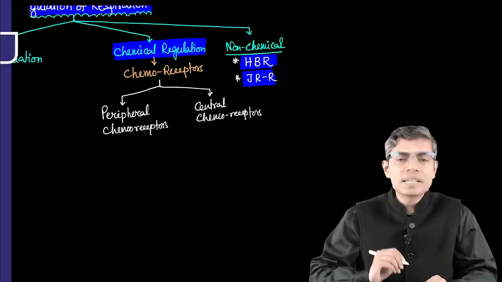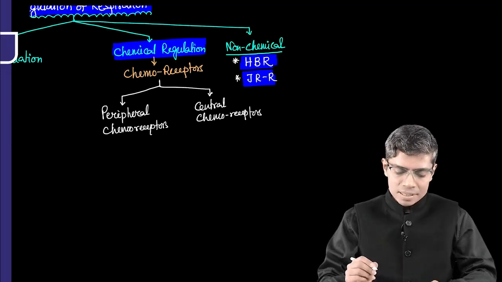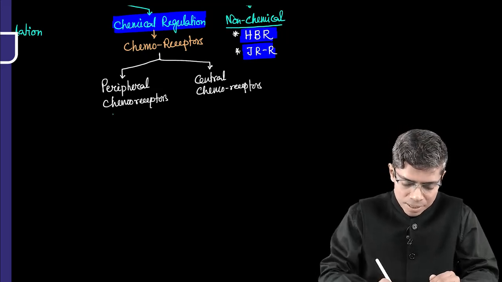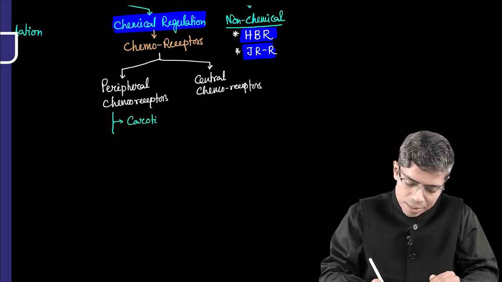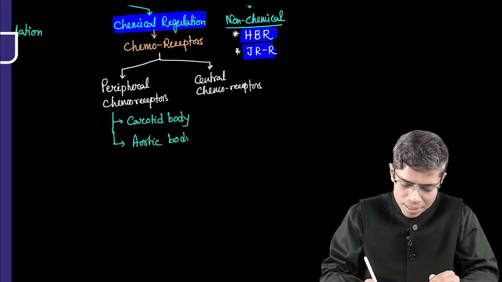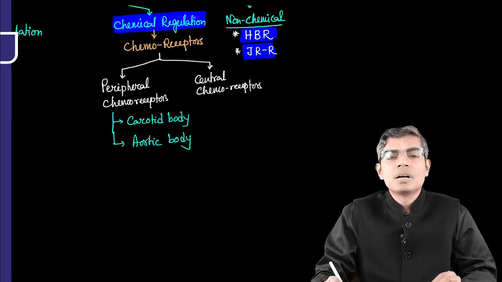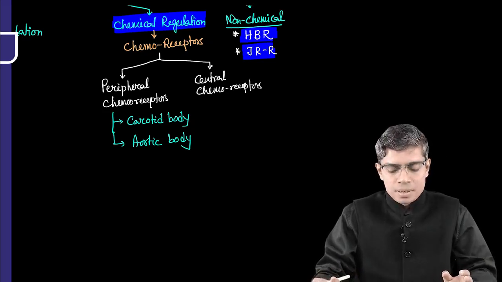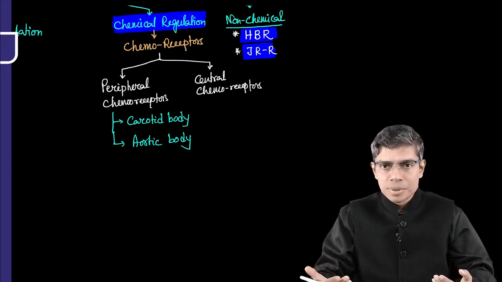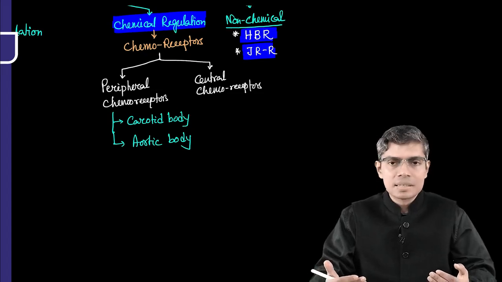We have discussed where the peripheral chemoreceptors are located in the cardiovascular system also. They are located at the level of the carotid bodies as well as the aortic bodies. So carotid and aortic bodies are the peripheral chemoreceptors. How these chemoreceptors are stimulated and how they control breathing, we will discuss a little later.